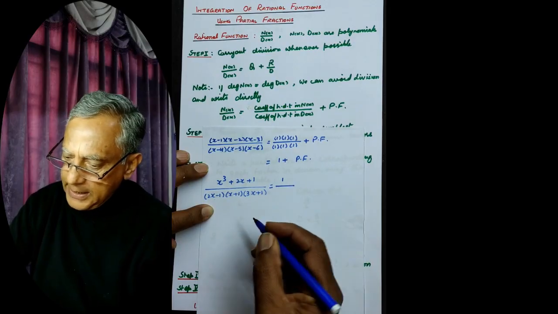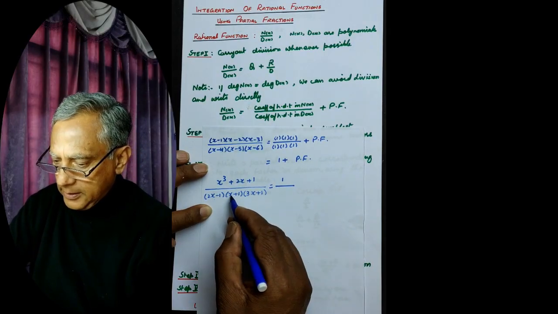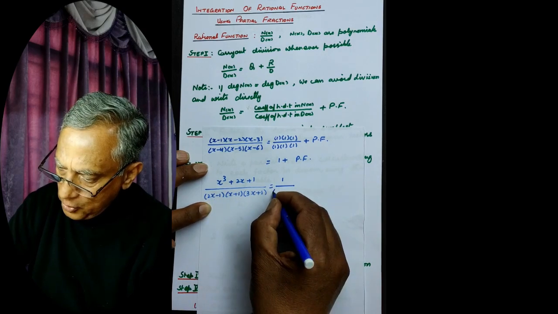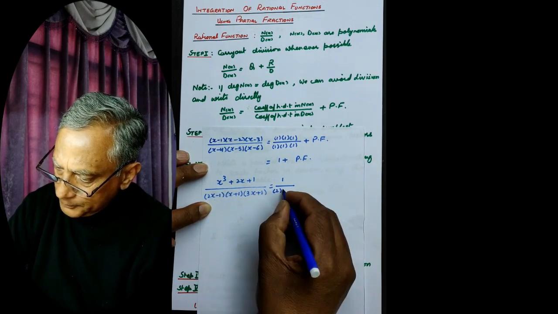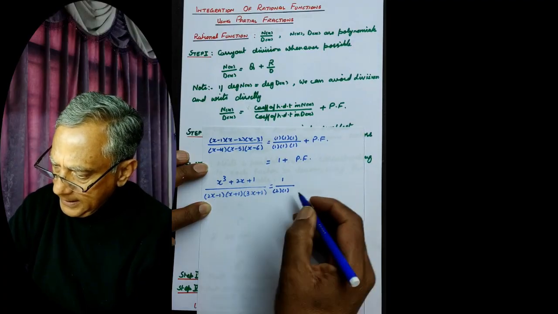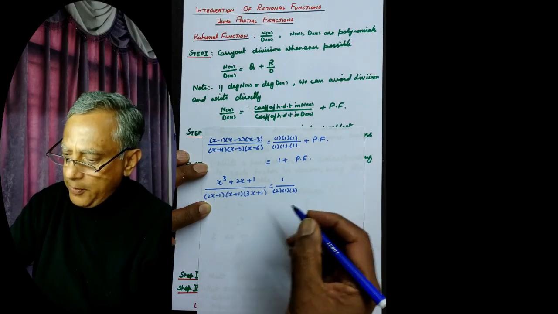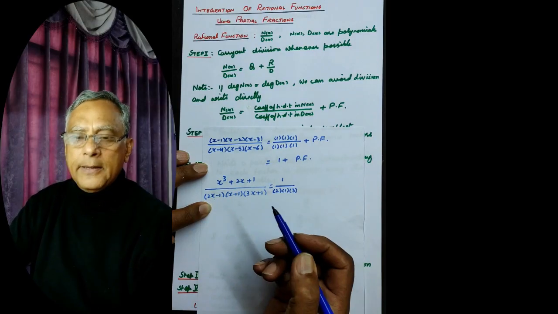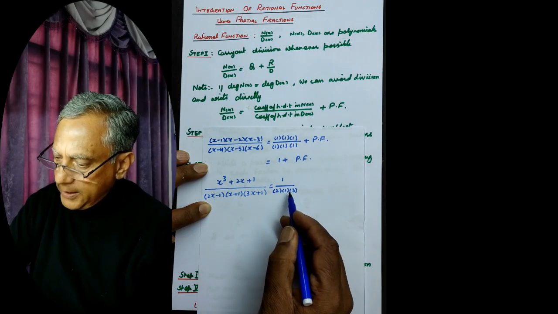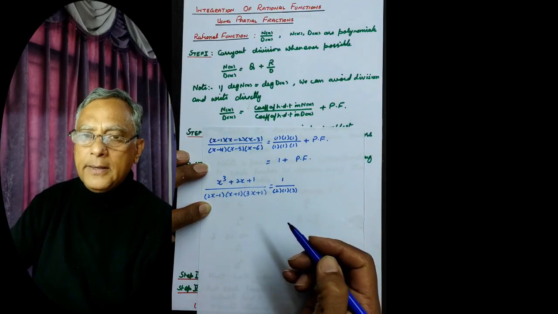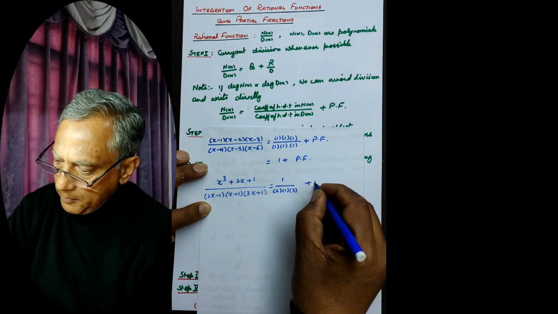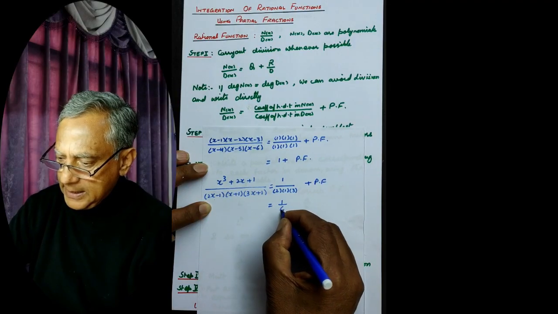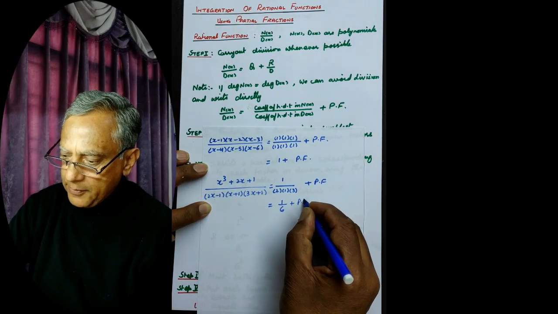And in the denominator there will be x cube, and its coefficient will be 2 into 1 into 3, because we get the highest term on multiplying these. You can directly write this plus partial fractions. This is equal to 1 by 6 plus partial fractions.